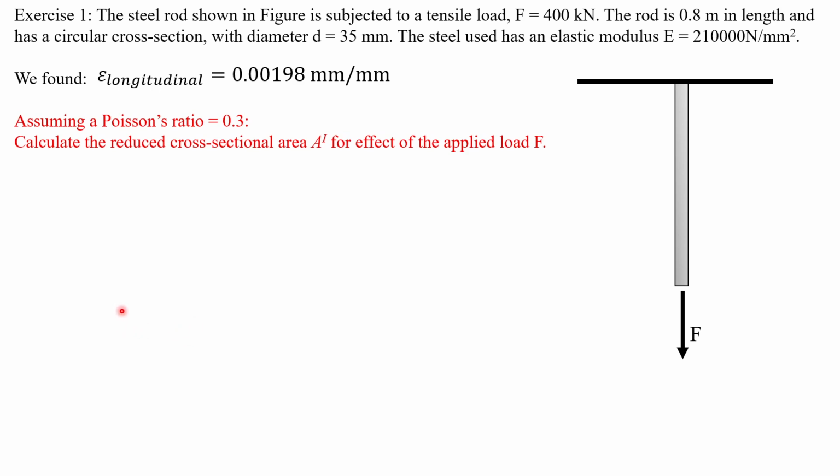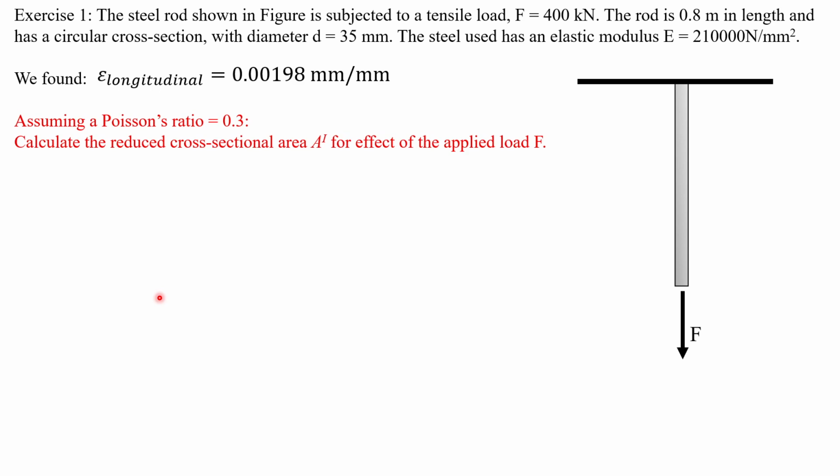So exercise 1, a steel rod shown in figure is subjected to a tensile load of 400 newtons. The rod is 0.8 metres in length and has a circular cross section with a diameter D of 35 mil. Wait a minute, this sounds awfully like the exercise from last week, doesn't it?